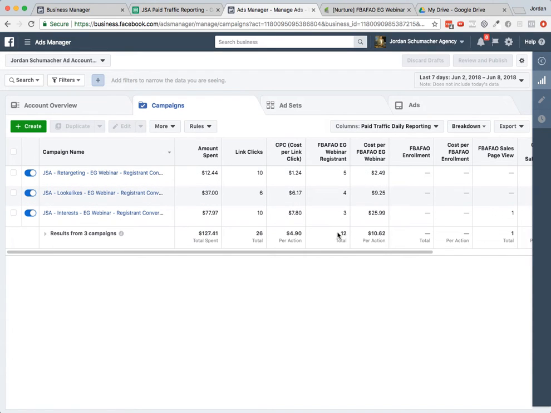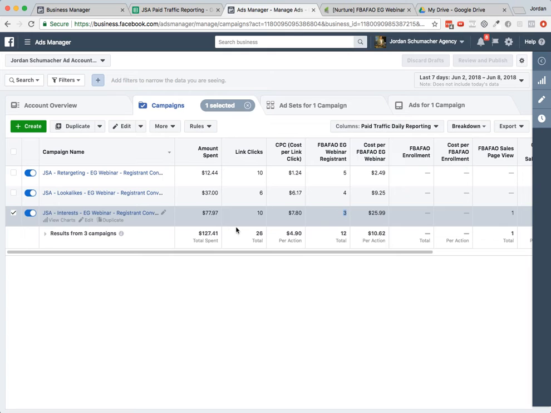So even though this number absolutely is not right, obviously 12 is not the same as 16, it's directionally correct. Even though I may have had more or less actual registrants come from these interest campaigns, I would expect that the interest campaigns are in fact 3x more expensive than my lookalike campaigns have been.